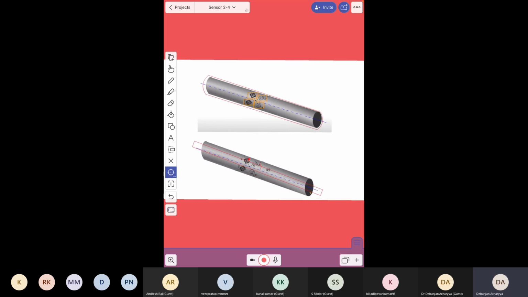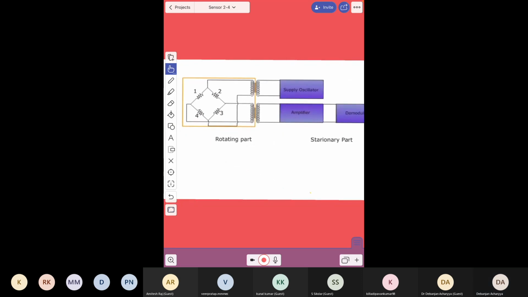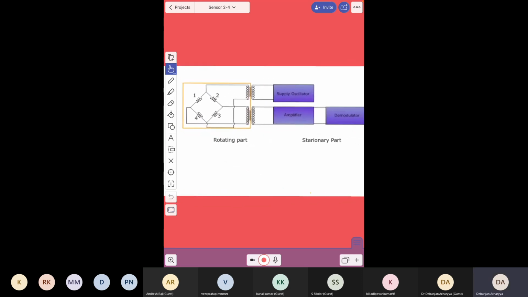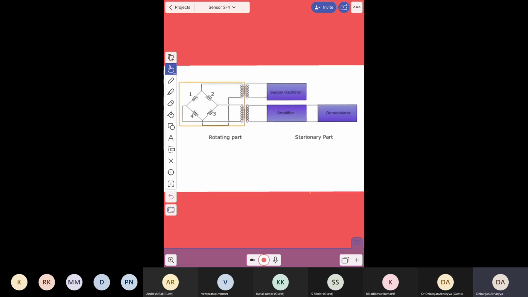Two of them are on the top side, and another two are at the back side of this shaft. So you have a rotating part, and this bridge configuration we have on the shaft, and you have another stationary part. That is the stationary part for the signal conditioning.